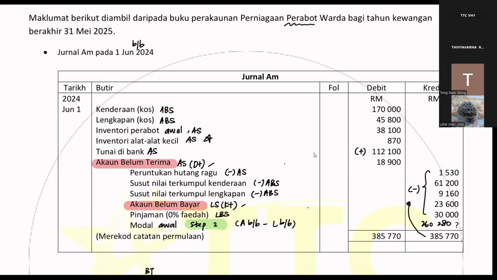No. Then do we record Baki BB into PKK? Or should we record Baki HB in PKK? We should record Baki BB or HB into PKK. Bear in mind, PKK is only for us to calculate the balance of asset, liability, EP on the last day of the year. So PKK will need Baki BB or HB.